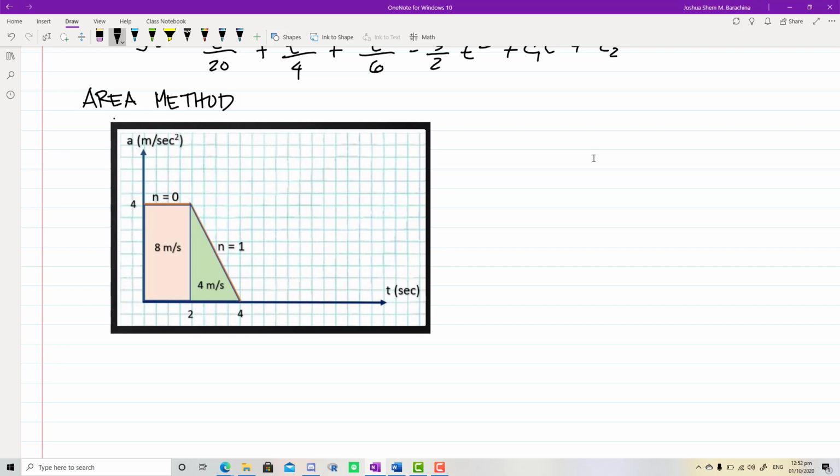And we are looking for the velocity time diagram and also the position time diagram.